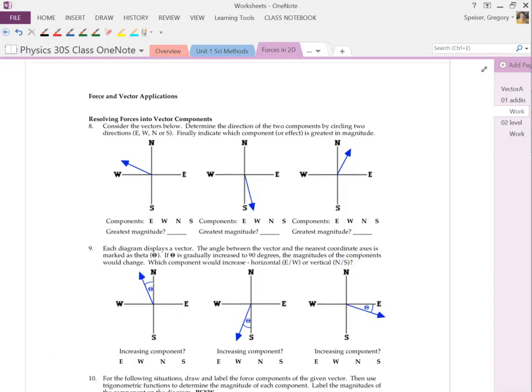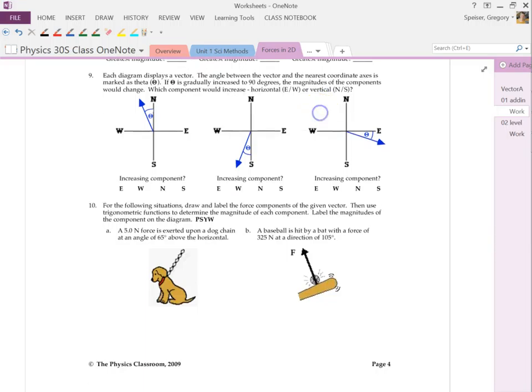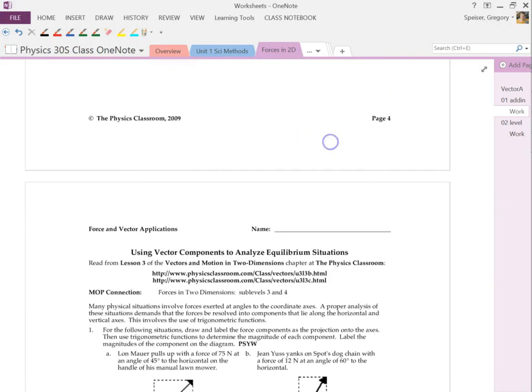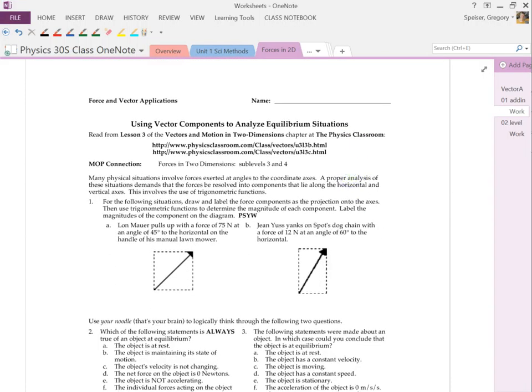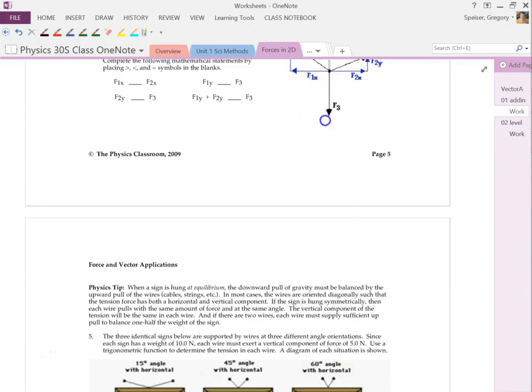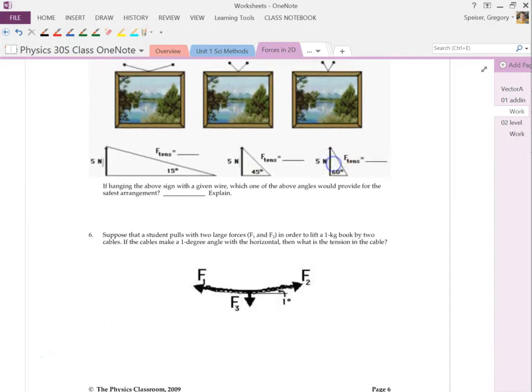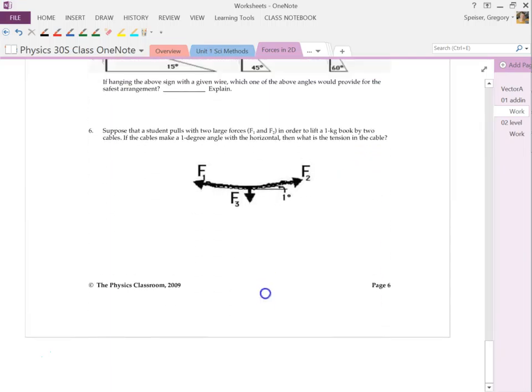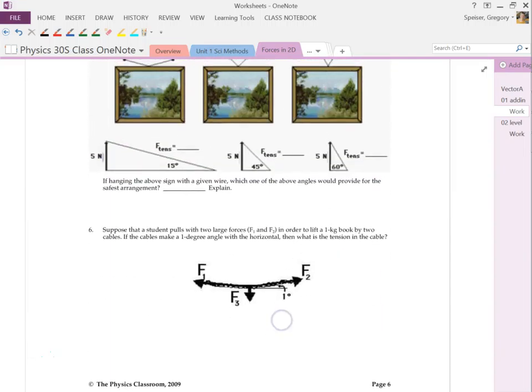There's some questions that you've kind of done before about resolving forces into vectors, a couple of new ones, and then there's the analyzing the equilibrium situations. So we really don't get to the fun stuff until right near the end, about 5 and 6. So some new stuff and some review.